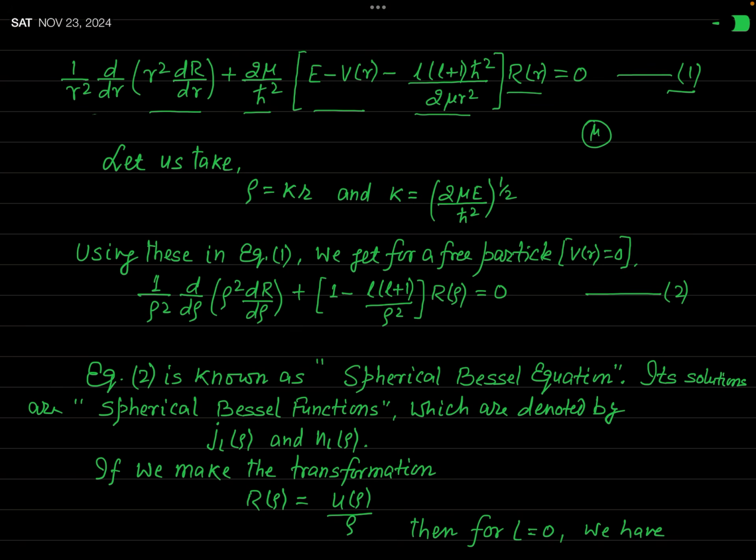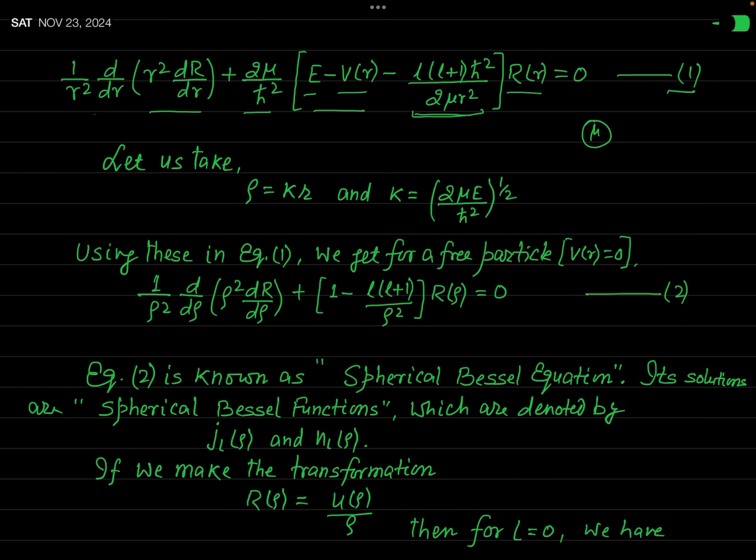Okay, and inside this square bracket, E is the total energy, V of r is the potential energy, and what is this third term? Definitely you have an idea. This is actually called the centrifugal potential.